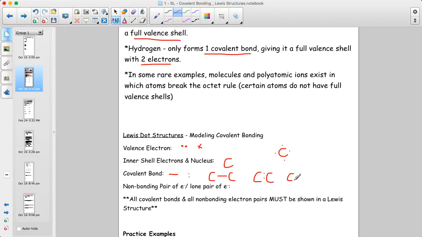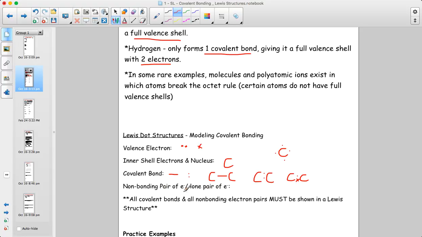You can also show 2 carbon atoms with a dot and an X, which would imply that one of these came from one carbon atom and one of them came from the other carbon atom. That's fine, but it does start to get a little bit messy with all the dots and crosses. You should be aware that it's allowed, because sometimes they'll show it on the IB exam, but usually lines are a lot quicker and cleaner.